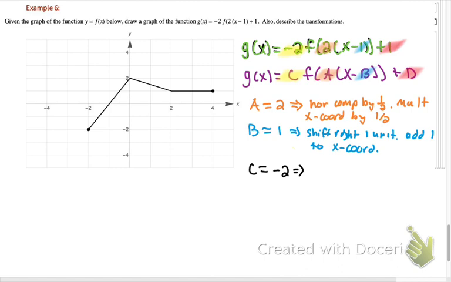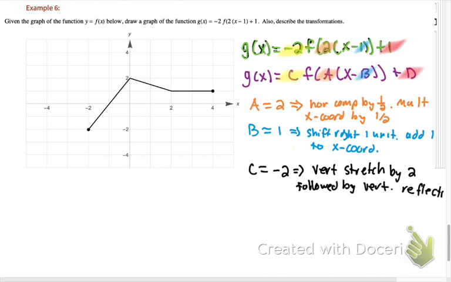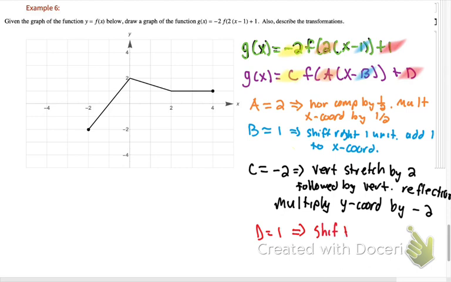That's actually a vertical stretch by 2, followed by a vertical reflection. We're going to multiply y coordinates by -2. And then capital D was equal to 1. So that's a shift up 1 unit, and that's just by adding 1 to the y coordinates.